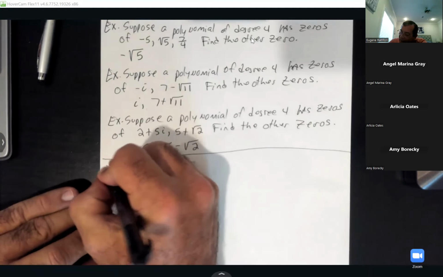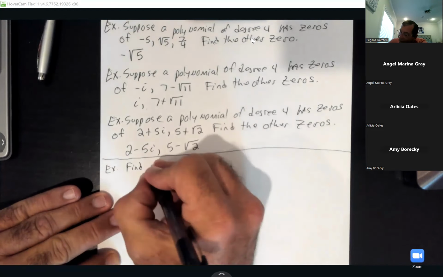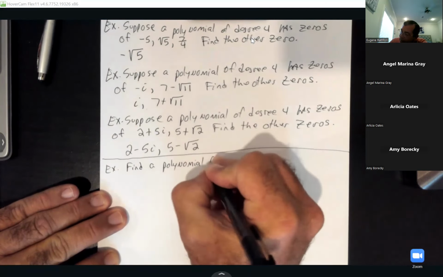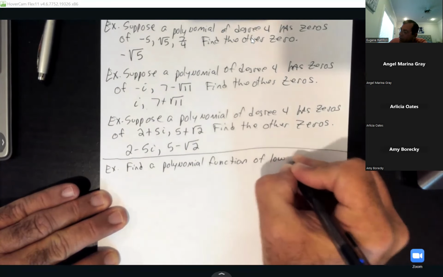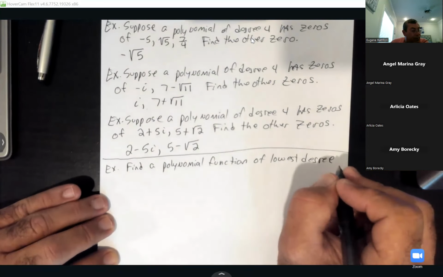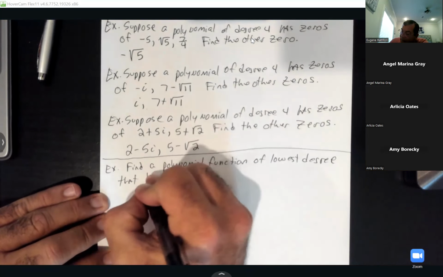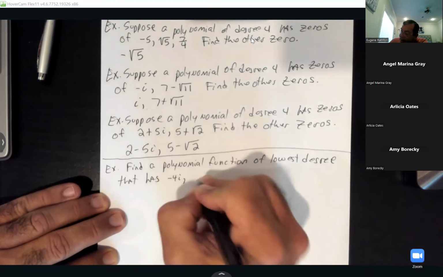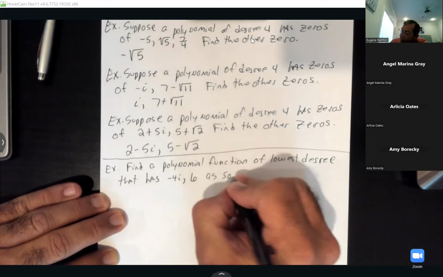They say, find a polynomial function of lowest degree that has a negative 4i and 6 as some of its zeros.